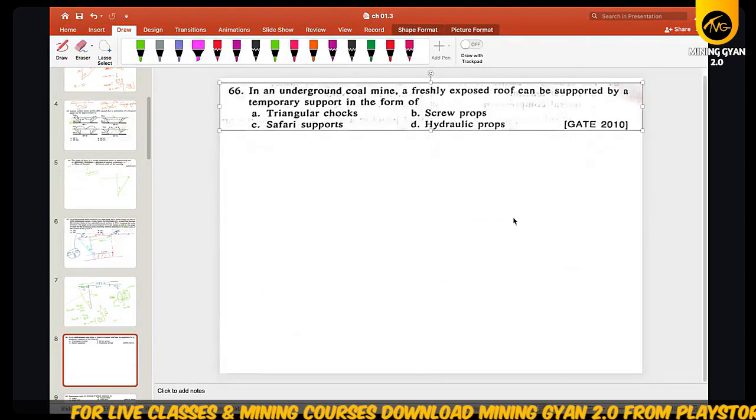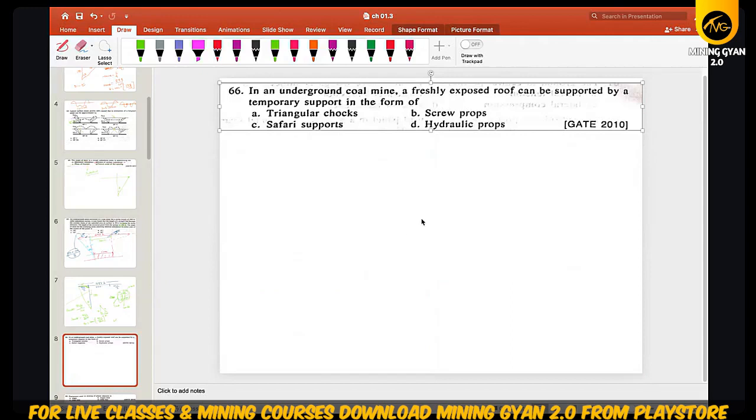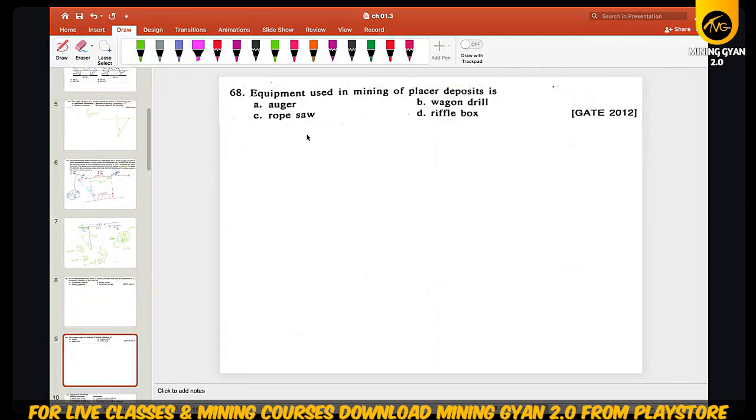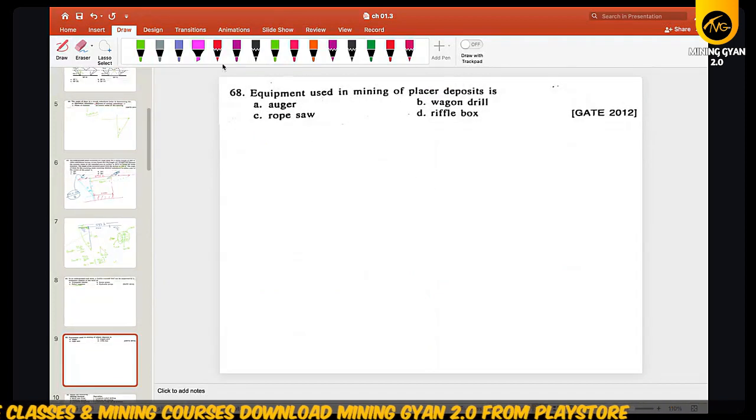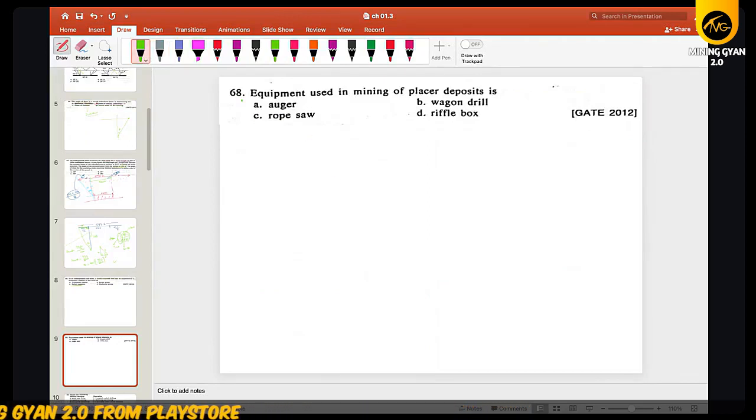This is a theoretical question. In underground coal mines, if we expose the freshly exposed roof, then we use the safari support. Equipment used in the mining of the placer deposit: in the placer deposit, we do not use auger, we do not use rope, so we do not use the wagger. We use riffle box.